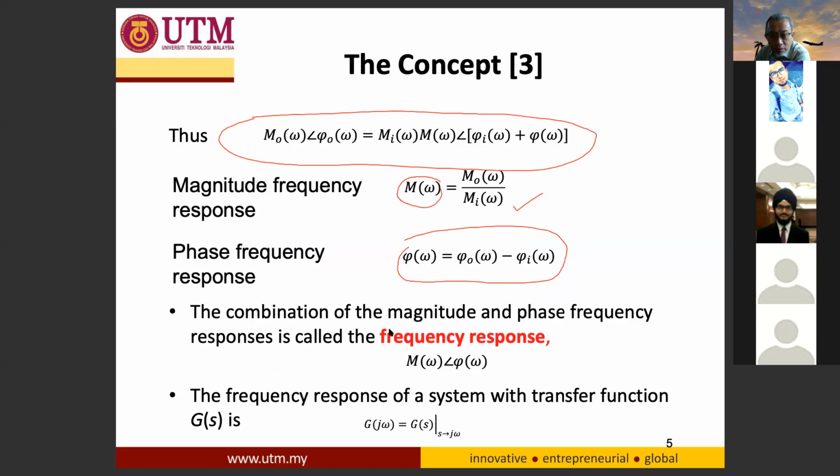The combination of the magnitude and phase frequency response, we call it the frequency response, which is represented by this formulation, which is magnitude in terms of phase in degrees. So the frequency response of a system with the transfer function is given by this representation, where G(j omega) is equal to G(s) when we replace s with j omega.